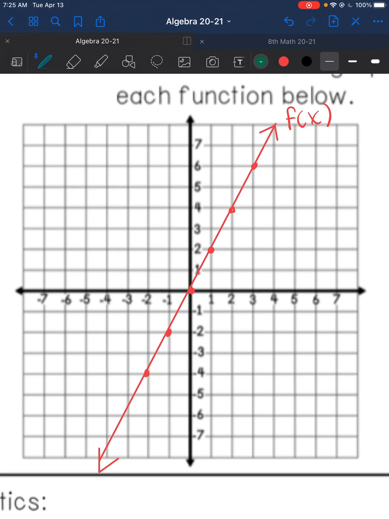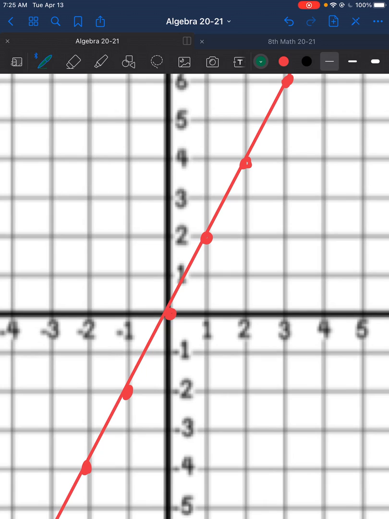I am going to switch colors. So at -2, it was a positive 1/4, somewhere around there. At -1, it was about 1/2. At 0, it was 1. At 1, it was 2, so they share a point there. 2, 4 shares another point.